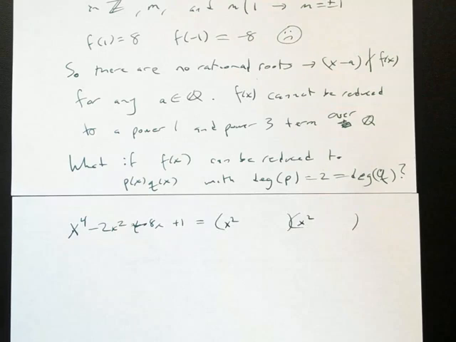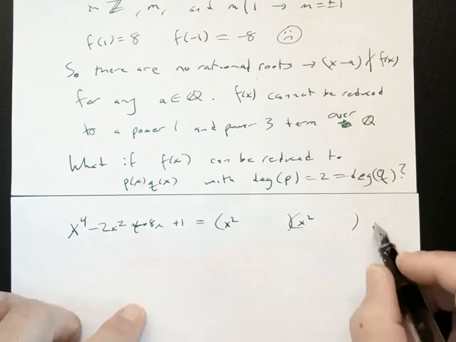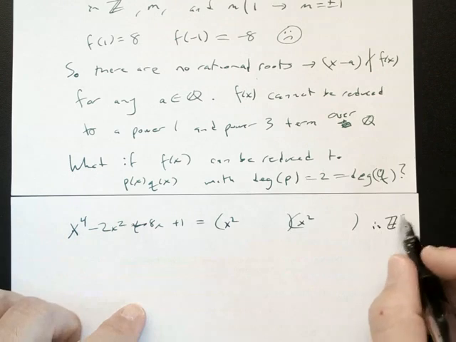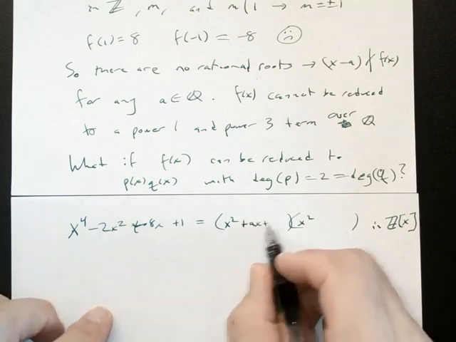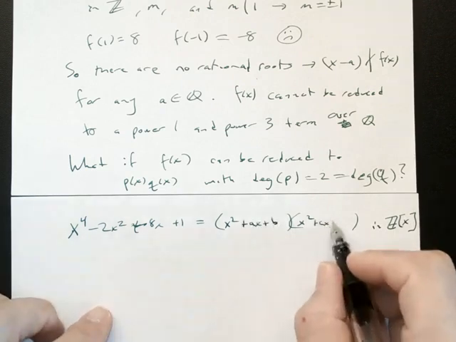Because remember, we're factoring over the integers to start with. Well, if that's the case, then there'll be some ax and b here, and some cx and d here.